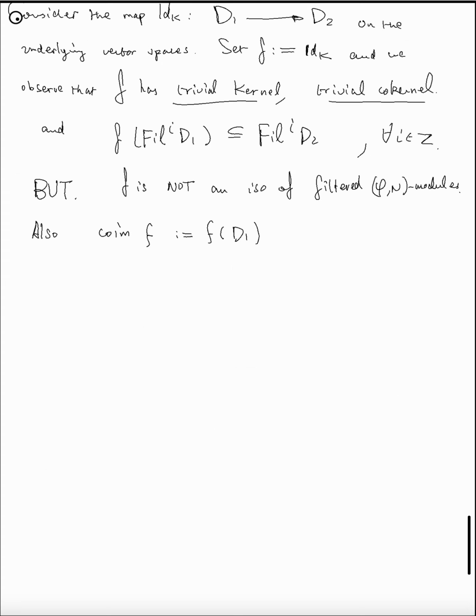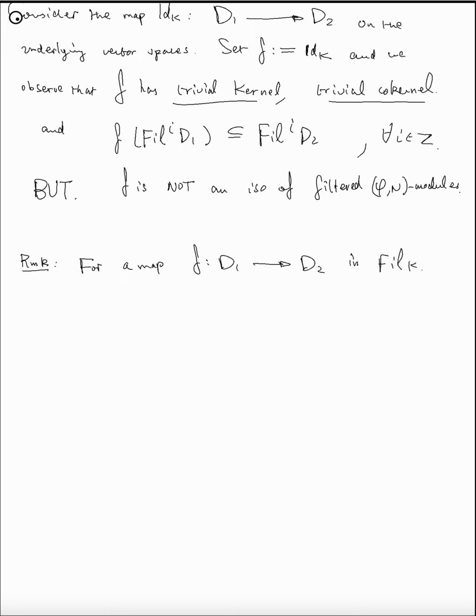So maybe let me add a remark here. Remark: let me recall, in this category of filtered finite modules, in the category of filtered vector spaces even, for a map f from D1 to D2, in the most general category, let's see, Fil K, let me quickly explain this.